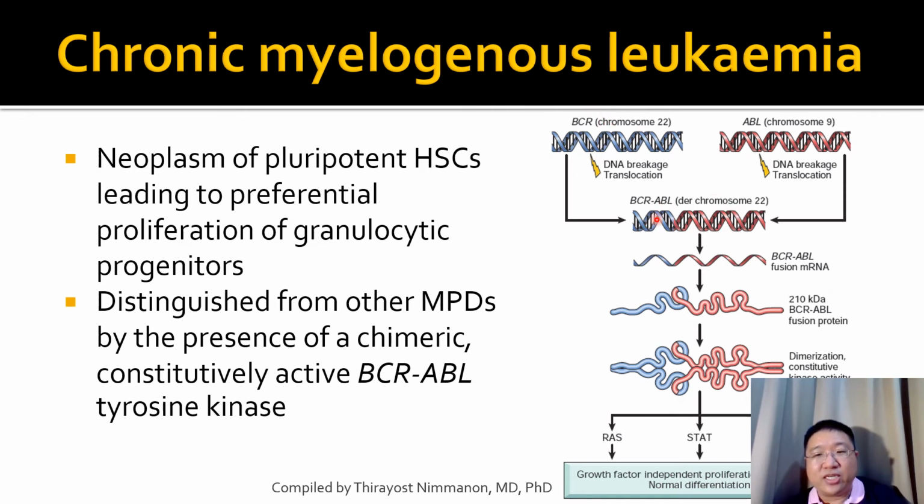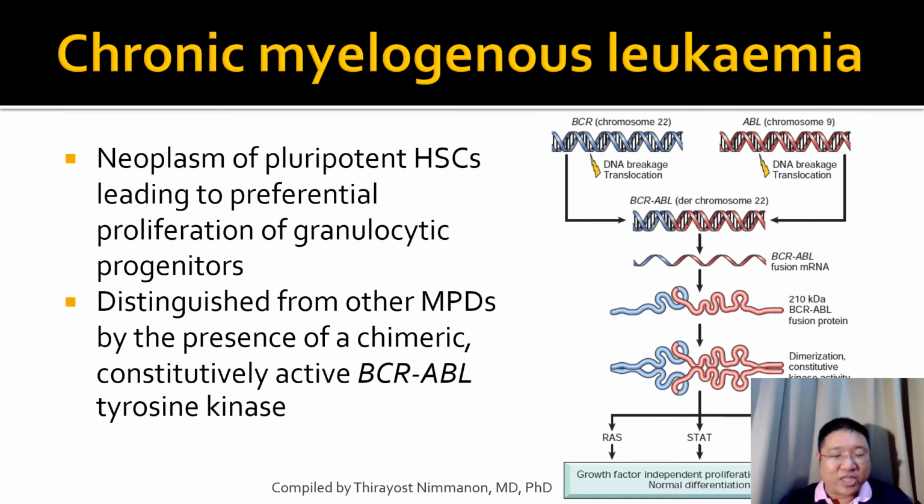The translocation results in production of BCR-ABL fusion protein, and this protein has constitutively active tyrosine kinase activity. So tyrosine kinases generally activate cellular proliferation.